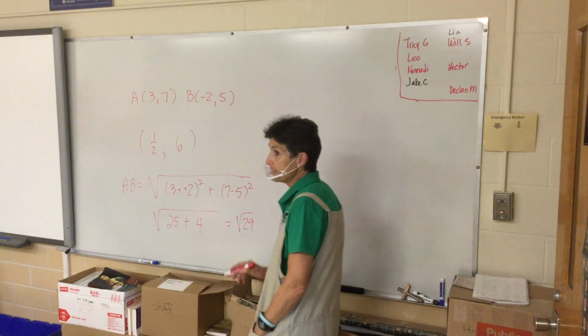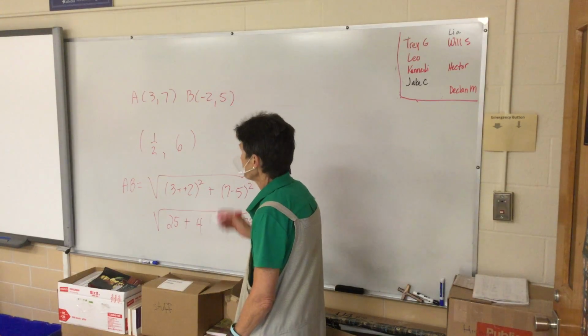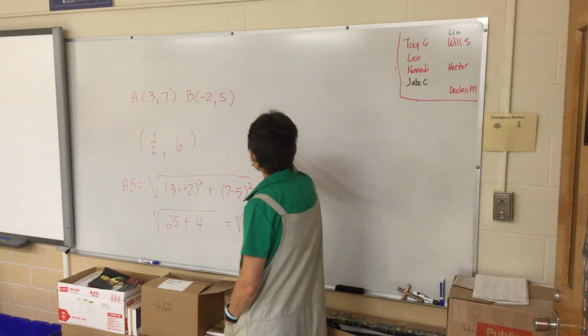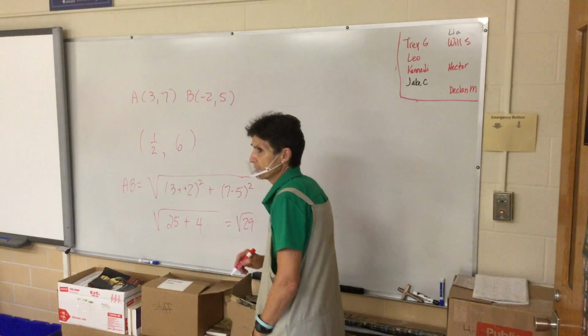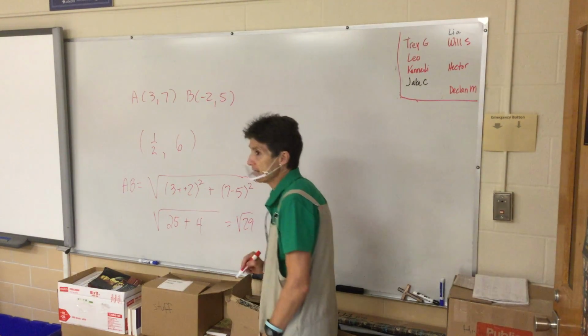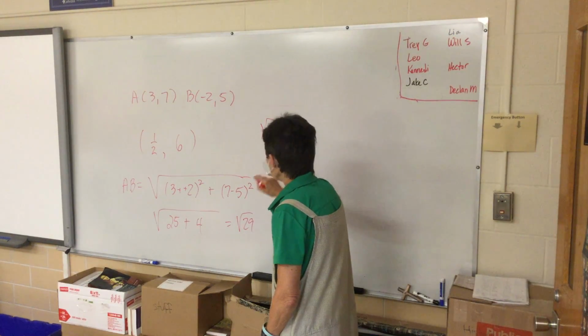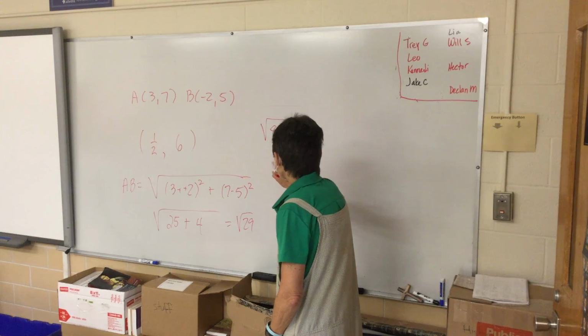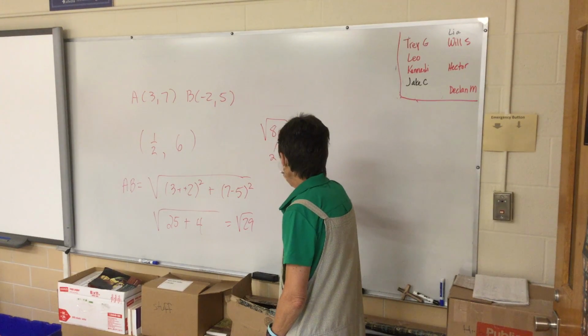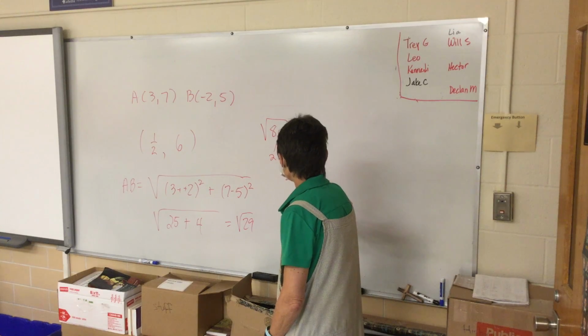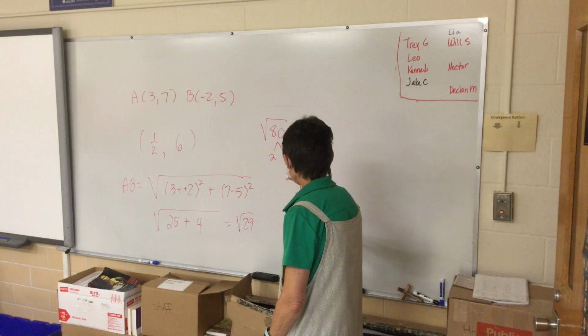But remember, if they come out reducible, so for example, if you came out with the square root of 80, if you did all that and got 80, you have to break that 80 down. So that would be 2 times 40, 2 times 20, 2 times 10, 2 times 5.